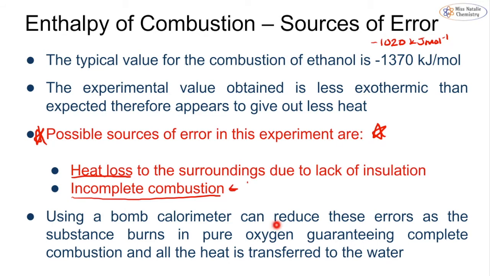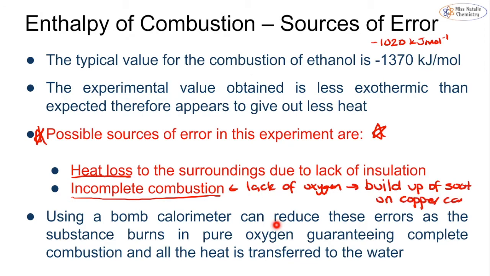This is when we have a lack of oxygen, and we can see that this happens because we get a buildup of soot on the copper can. On the bottom of the copper can, you start to see this black soot building up, and that tells us that we have incomplete combustion. So we're not actually giving out all of the heat energy that we possibly can.